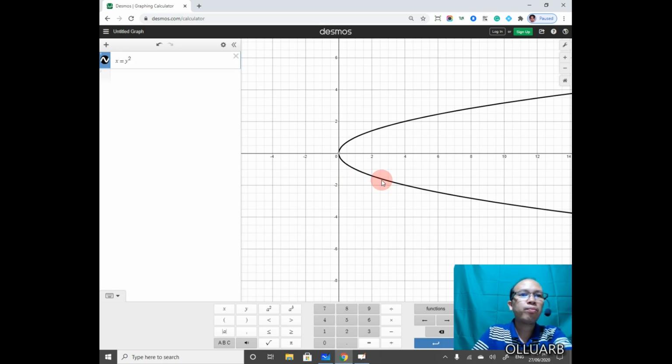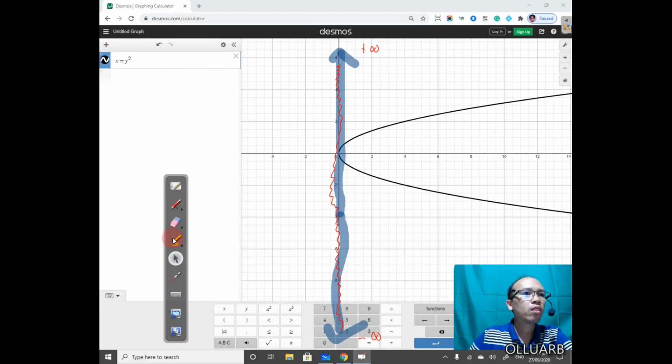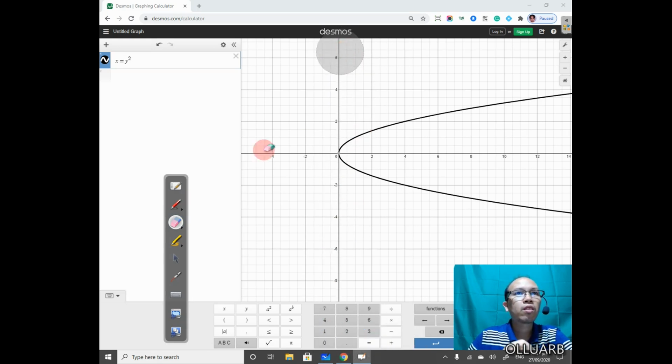For every point, for example, we have a 2 here. Let's try 4. You have a point x, and there are 2 values of y here.